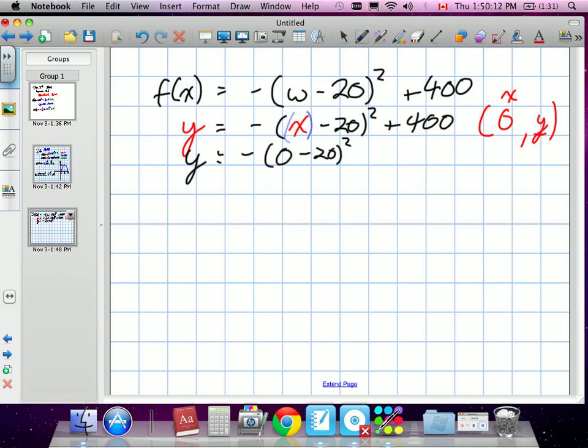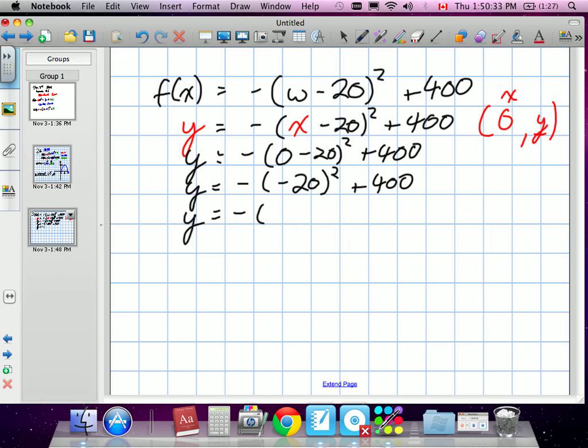When we go to evaluate this, 0 minus 20 is negative 20, squared, plus 400. What is negative 20 squared? 400. It's a negative times a negative, so we get positive 400.